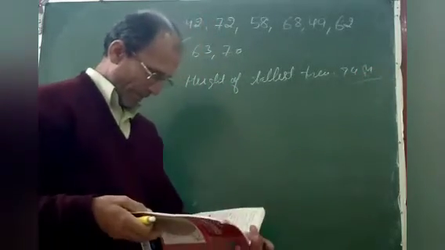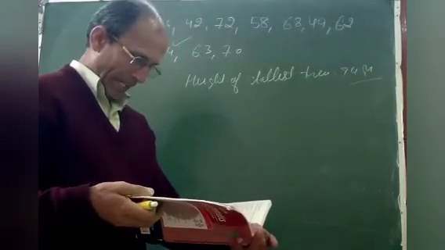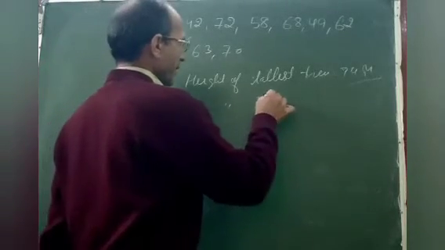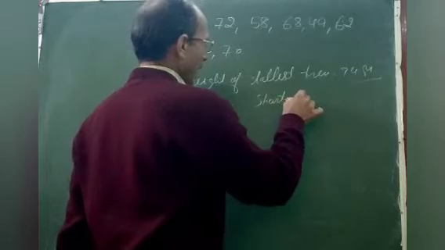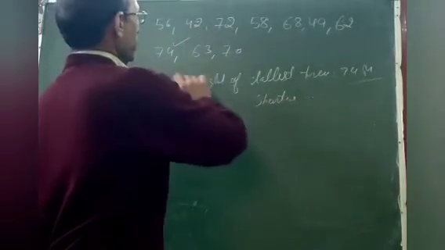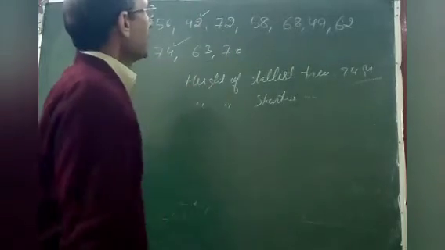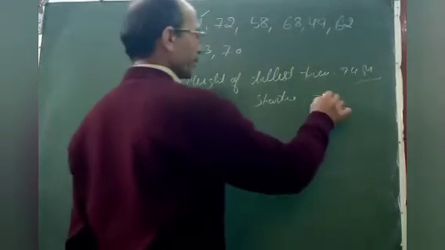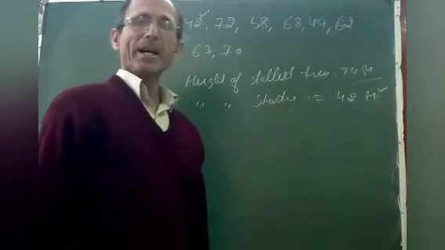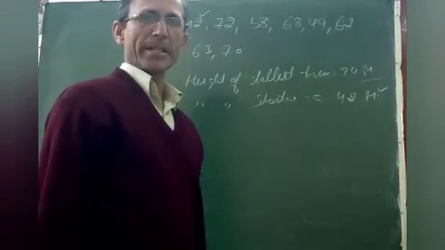Second, find the height of the shortest tree. Which is the shortest tree? I think 42 meter. Yes, 42 meter is the height of the shortest tree.